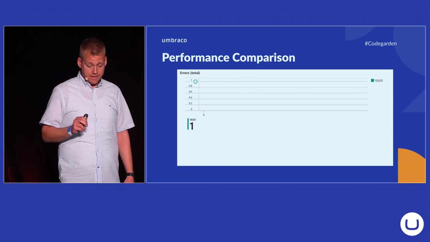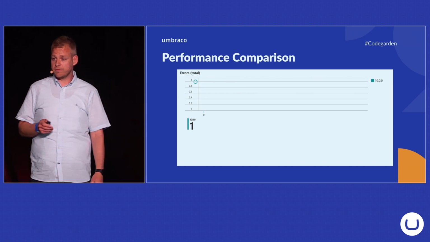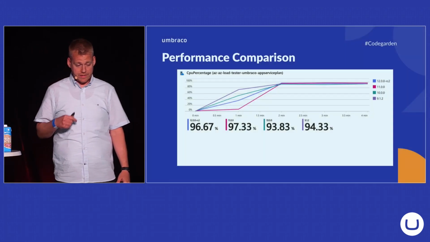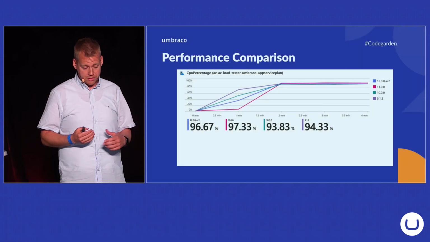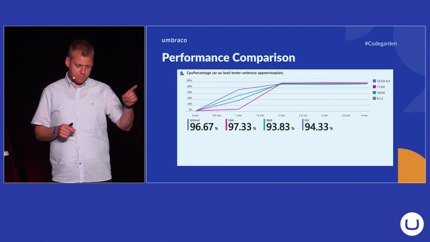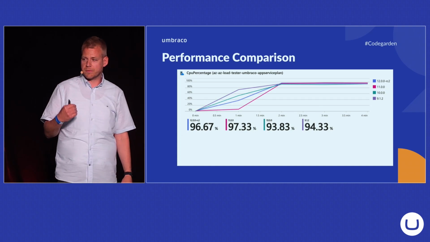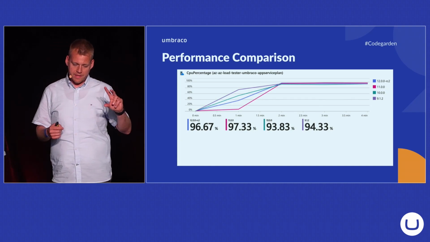Doing this heavy load, we saw a single response from Umbraco 10 with an error status code. If we look at the CPU comparison, it's almost identical, even though the lines are not following each other. I'm sure if we rerun the test with the exact same setup, it could be a different order.